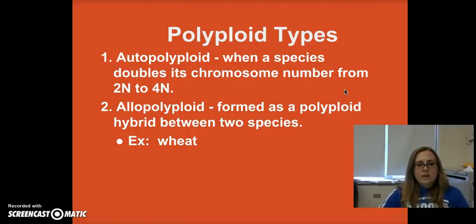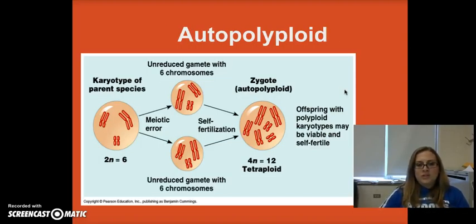So polyploid types, you've got autopolyploid. This is when a species doubles its chromosome number from 2N to 4N, and it can then form a new species. And then you have allopolyploid, and this is formed as a polyploid hybrid between two species.